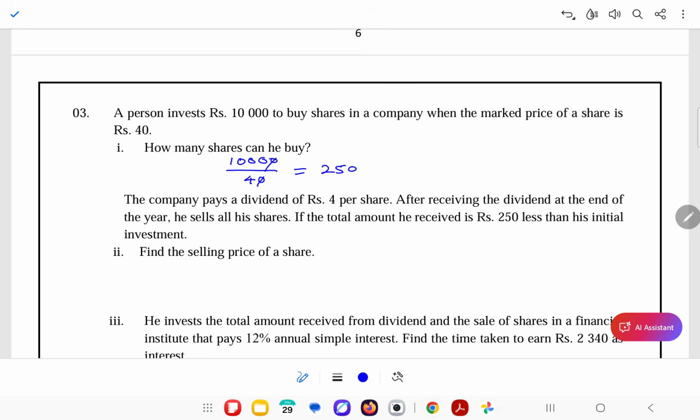The company pays a dividend of rupees 4 per share. After receiving the dividend at the end of the year, he sells all his shares. If the total amount received is 250 less than his initial investment, find the selling price of a share.